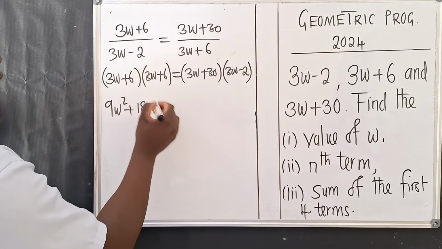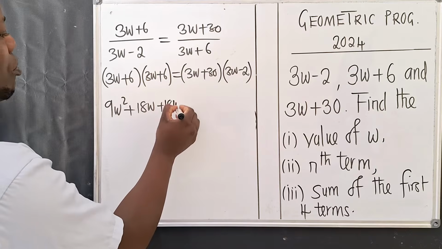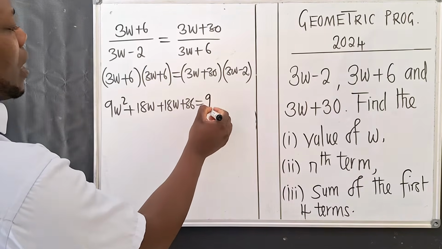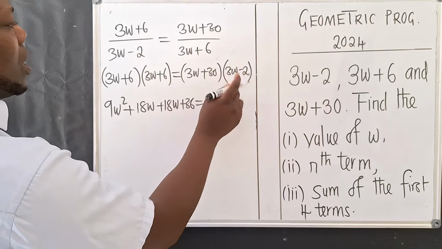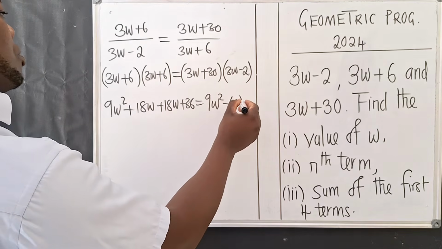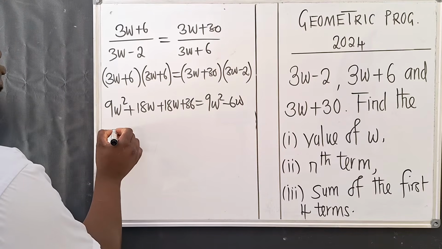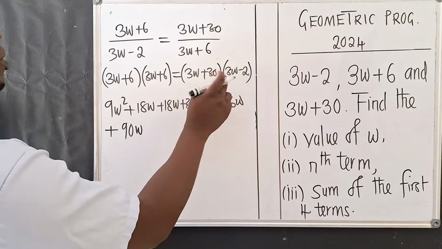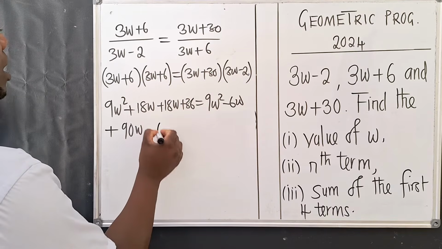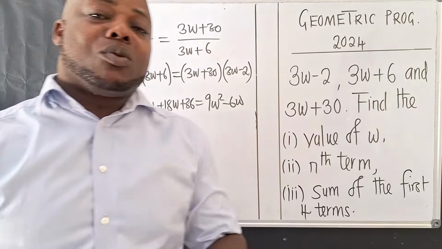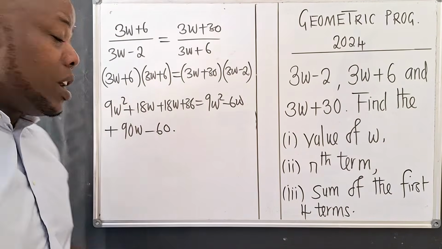Here we're getting 18w plus 36, which is equal to 9w squared. These two are getting 90w minus 6w, and lastly minus 60. So this is what we're getting when we cross multiply.